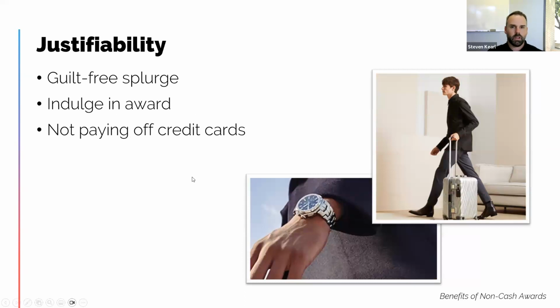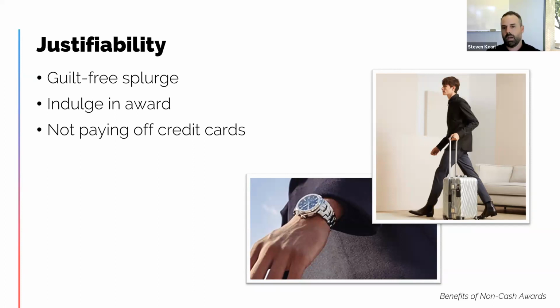And then the next one is justifiability. This is what I like to call the guilt-free splurge. If you were to get cash, there's a good chance that you would just spend that on your bills, pay your credit card down, maybe buy gas or groceries. When you get the points on a merchandise catalog or a gift card catalog, you're more likely to splurge on something. And when you do that, it'll be more memorable.